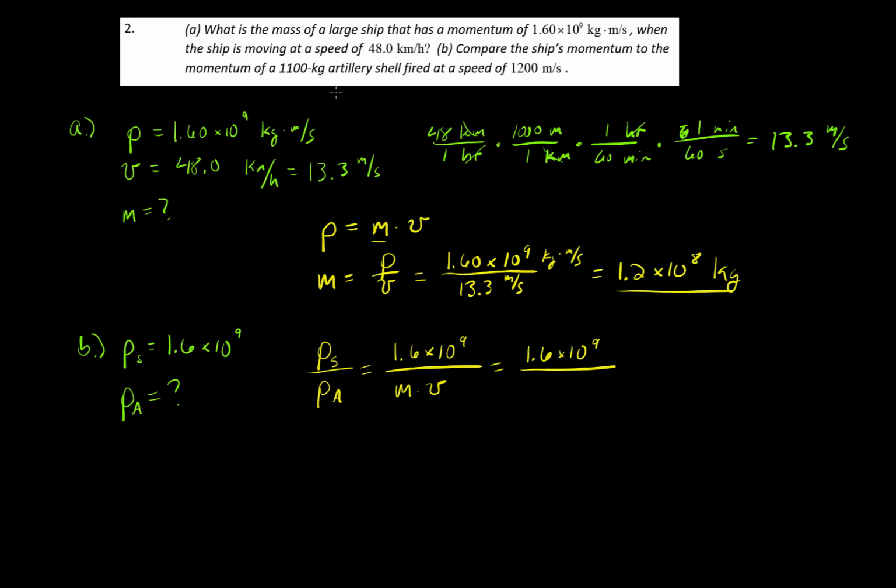The mass of this shell is 1,100 kilograms times the velocity, which is 1,200. We'll put this into a calculator, and we get 1212. So about 1,200 times more. That's just finding a ratio.